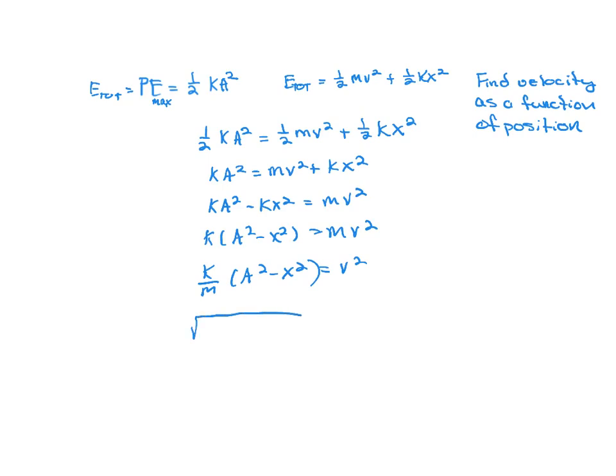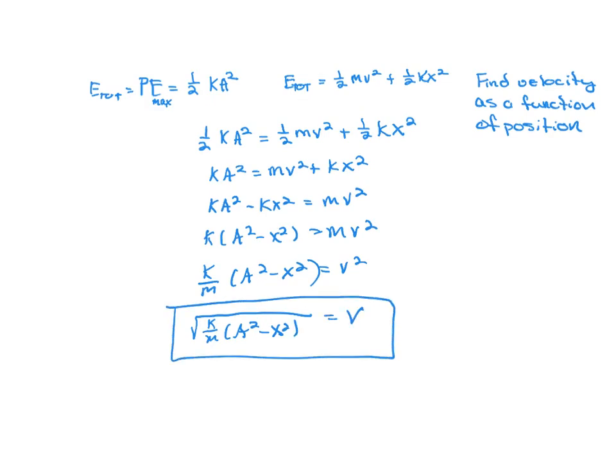Then I'm going to take the square root of both sides. So this gives us velocity as a function of position, because here's our velocity and here's our position variable.